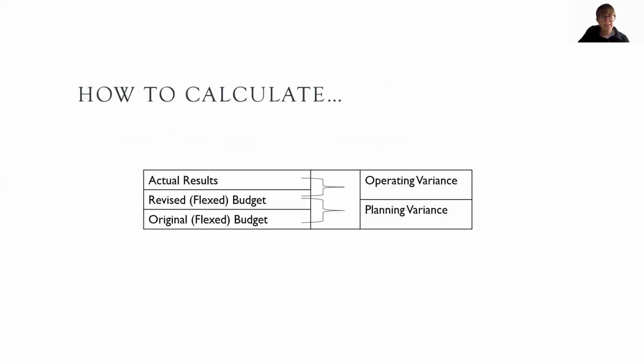So how do we calculate these then? Well, we take a similar approach. So to get our operating variance, we just do our actual results, less our revised flexed budget, and then for our planning variance, we take our revised flexed budget and deduct that from our original flexed budget in order to get our variance.